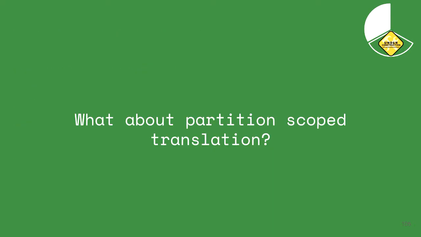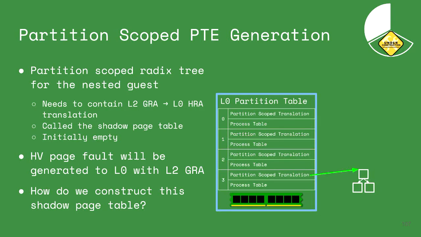What about partition scope translation? That's where it gets interesting, as always. So we have our partition scoped radix tree for our nested guest, which is in the first double word, as I said, and here it's at the place, the index we allocated for our shadow LPID for our nested guest.